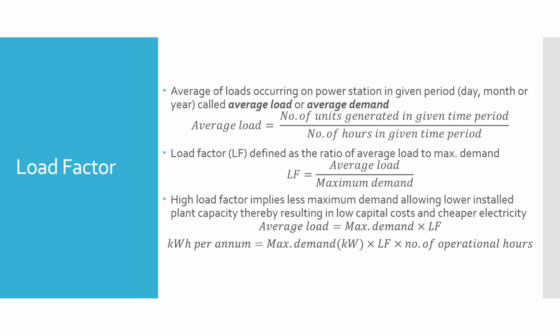Otherwise, you use the number of operational hours of the plant if you want to know how many kilowatt hours were actually generated by the plant. So in the formula written here, maximum demand in kilowatts multiplied by load factor is equal to the average load. You can then multiply the average load by the number of operating hours.